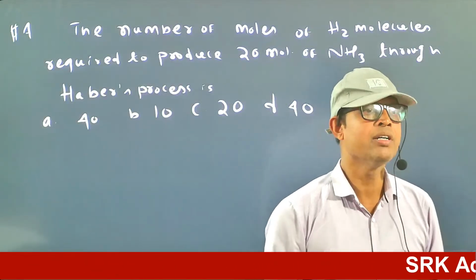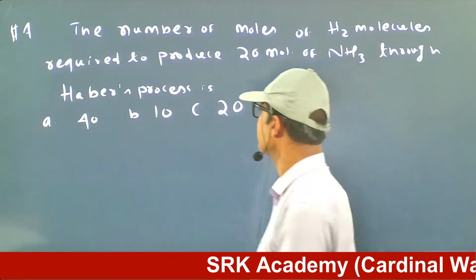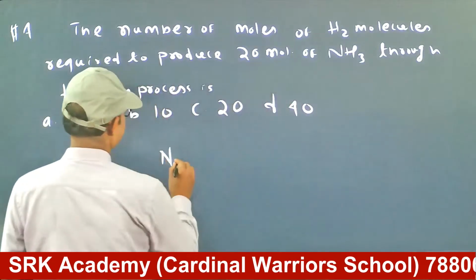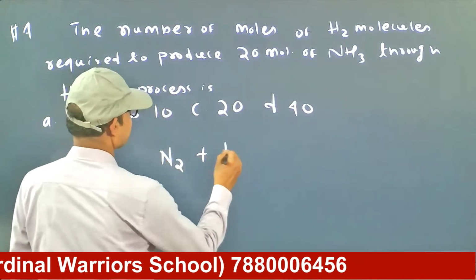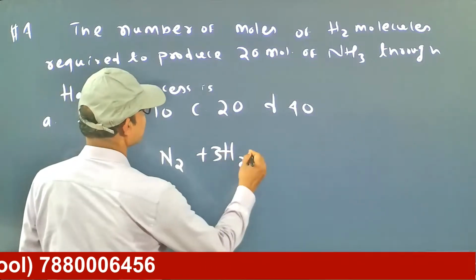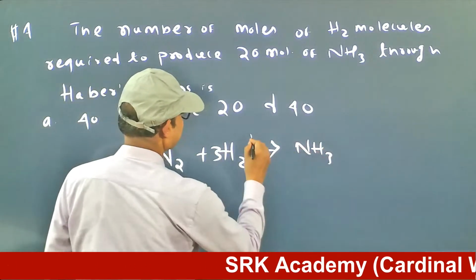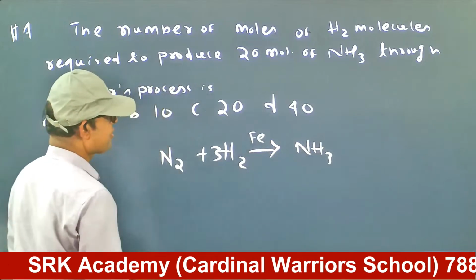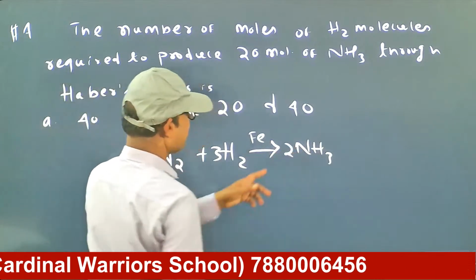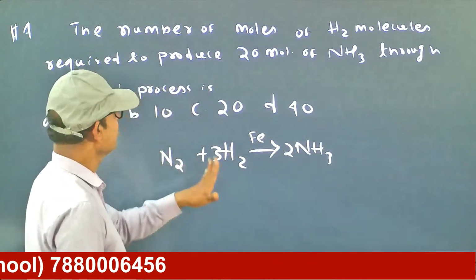Ammonia is prepared from the Haber's process. When nitrogen is treated with hydrogen, in presence of catalyst like Fe, we get ammonia. So this is not a balanced chemical equation, and now if you multiply by 2, we get it.